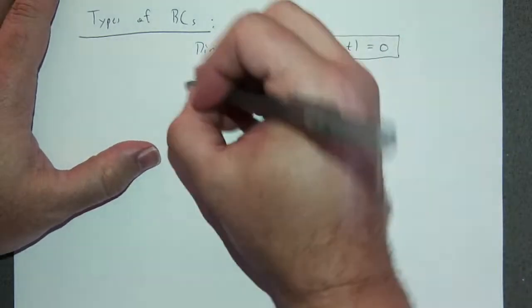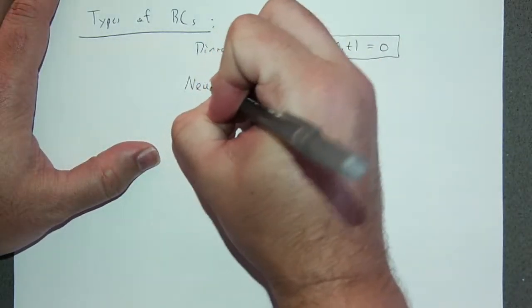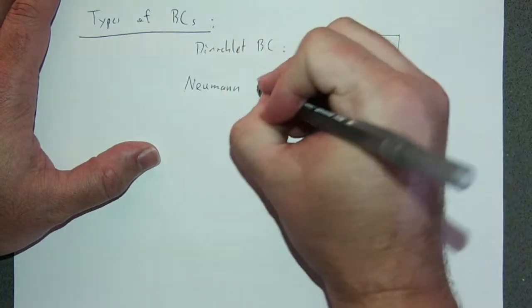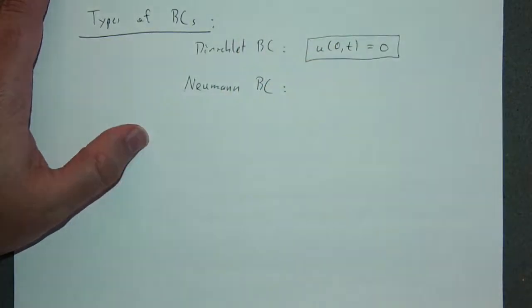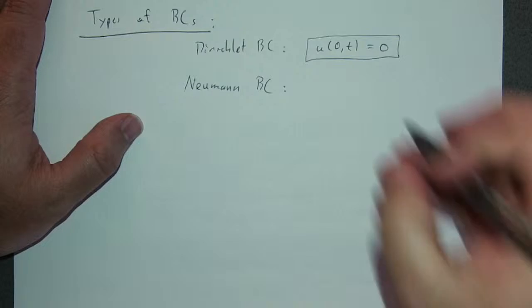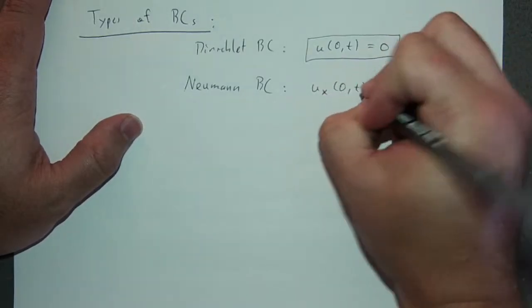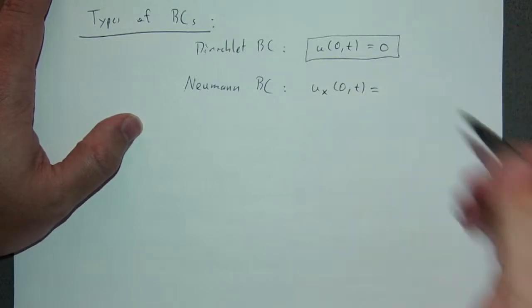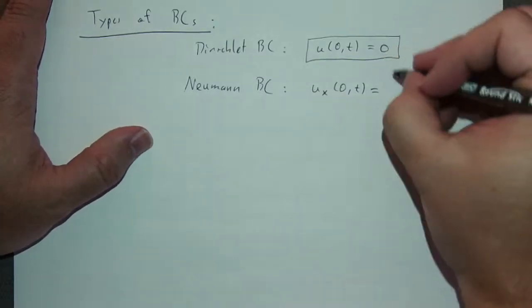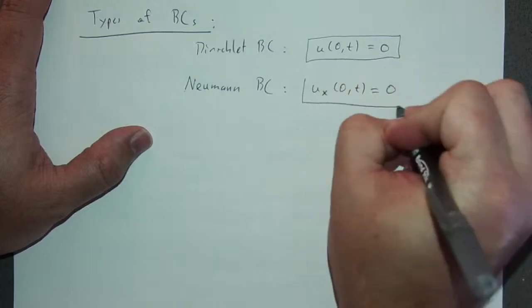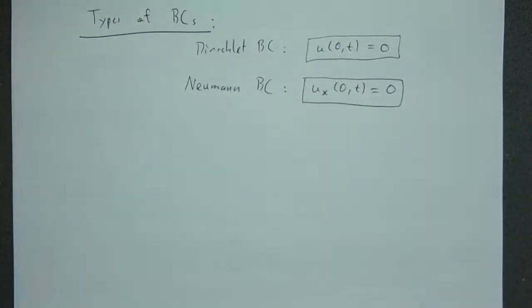There's what's called a Neumann boundary condition. So this is a condition on the x derivative at the boundary, right? So what is the idea here?